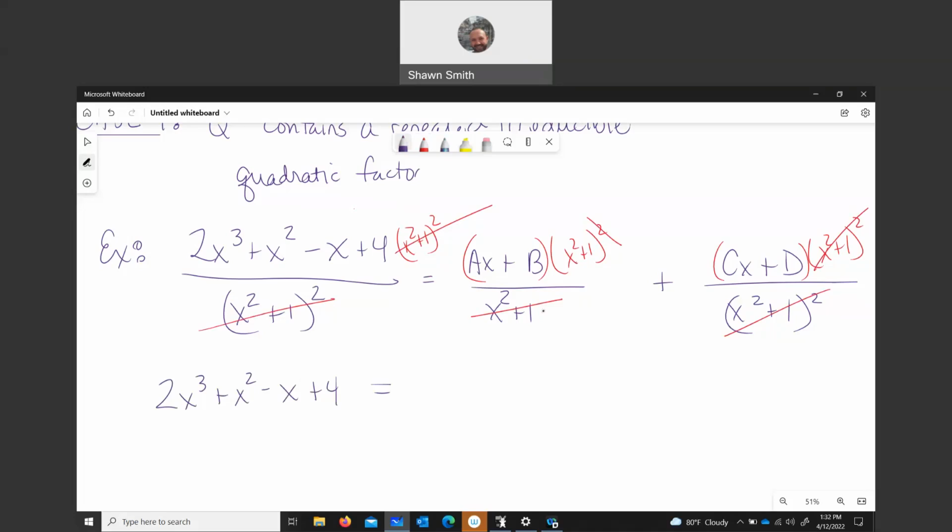Ax times x squared, that's ax cubed. Outer, ax times 1, ax. Inner, b times x squared, bx squared. Last, b times 1, b. And then plus the cx plus d, that's all that's left.